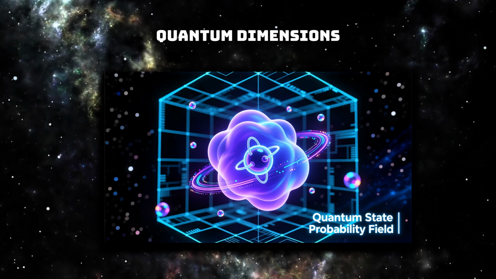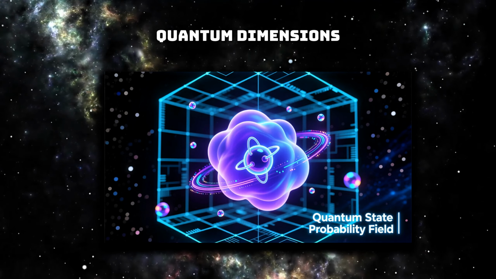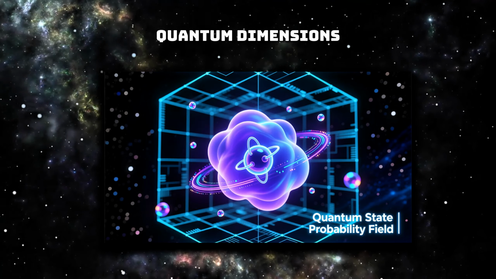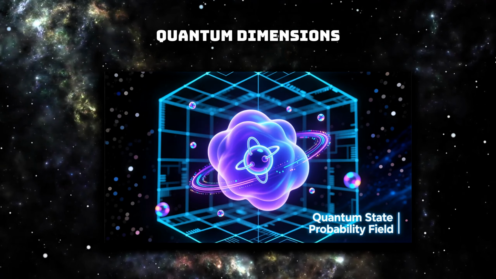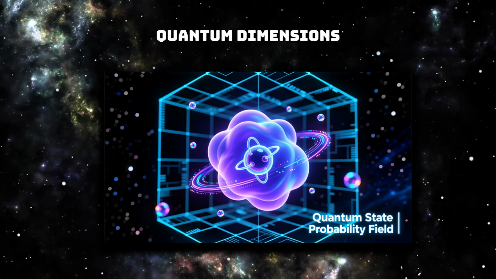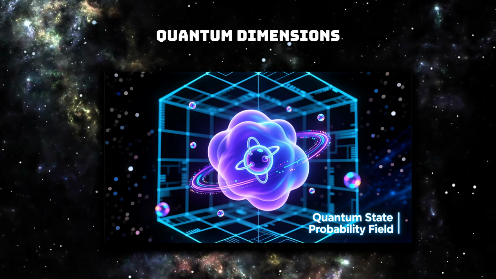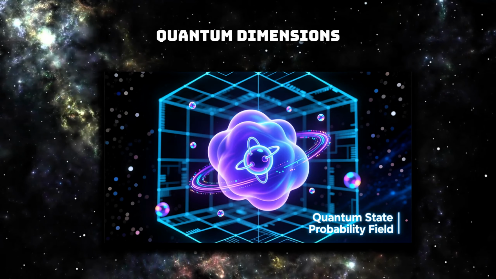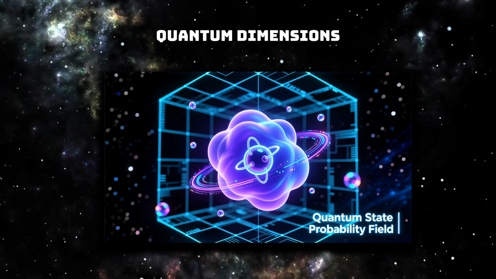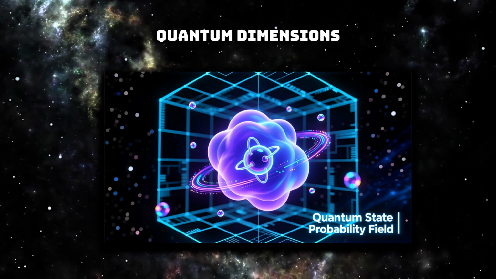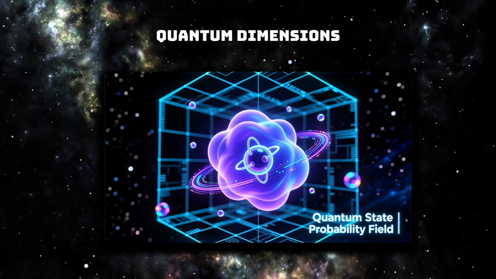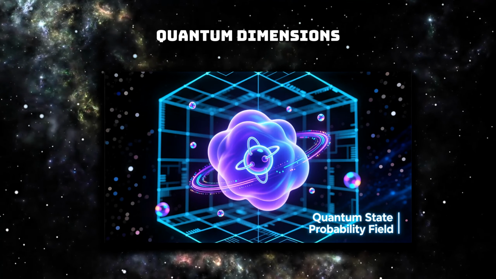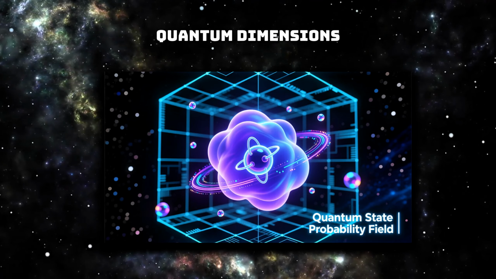A molecule with hundreds of electrons may require a Hilbert space with thousands or millions of dimensions. In fact, quantum systems grow in complexity so quickly that the state of 300 quantum particles requires more dimensions than there are atoms in the observable universe. This exploding number of dimensions shows why quantum physics cannot be solved using ordinary 3D thinking.